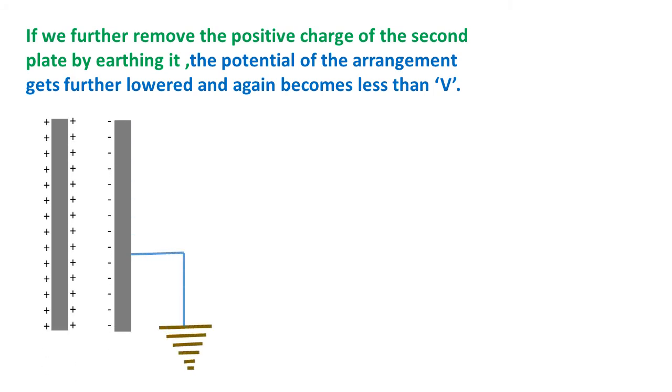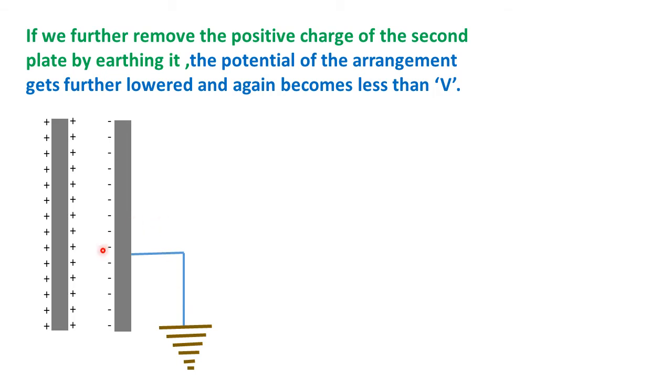Yes, by eliminating this positive charge, by earthing this second plate, we can further increase its charge storing capacity. Now this positive charge, which was increasing its potential, is eliminated by earthing this second plate.